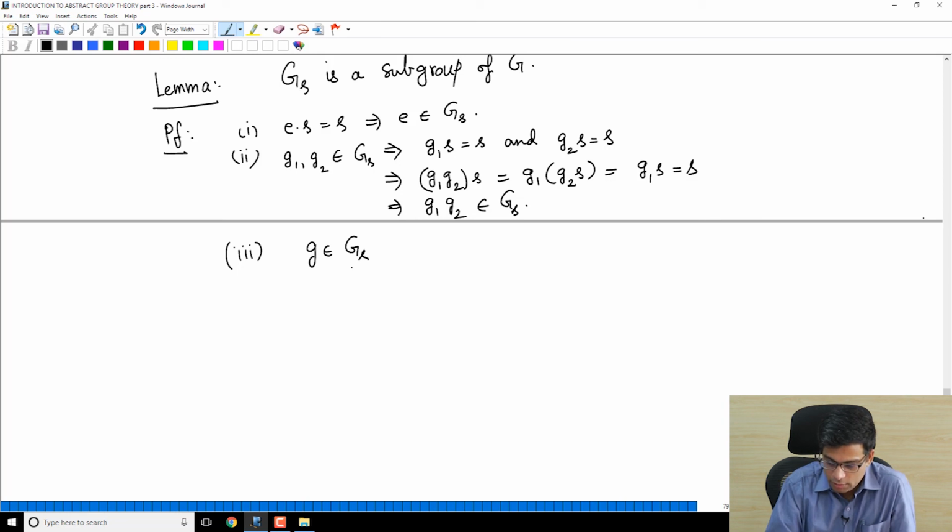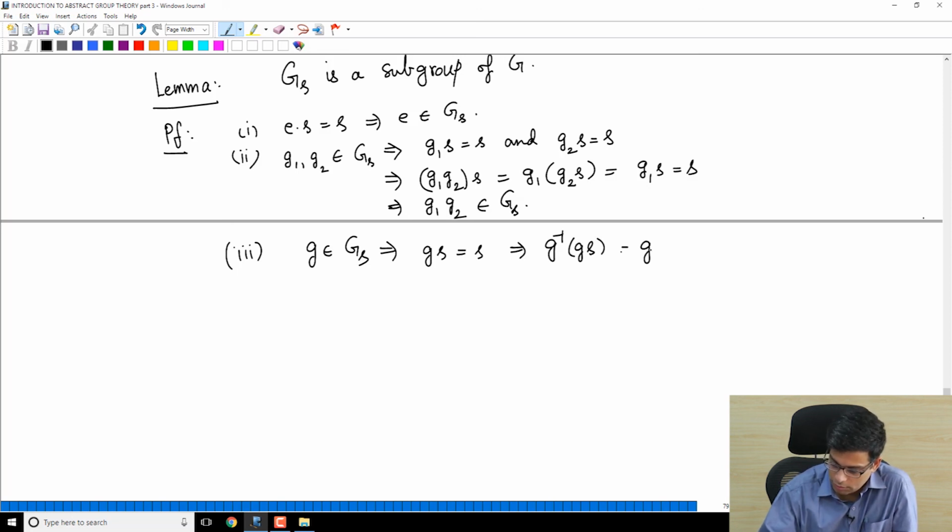Let's say you take an element g in the stabilizer, then what is g s? That's s by definition of being in the stabilizer. Now if you multiply both sides by g inverse, I get this, but this is same as g inverse g of s is g inverse s, but that is e s is equal to g inverse s.